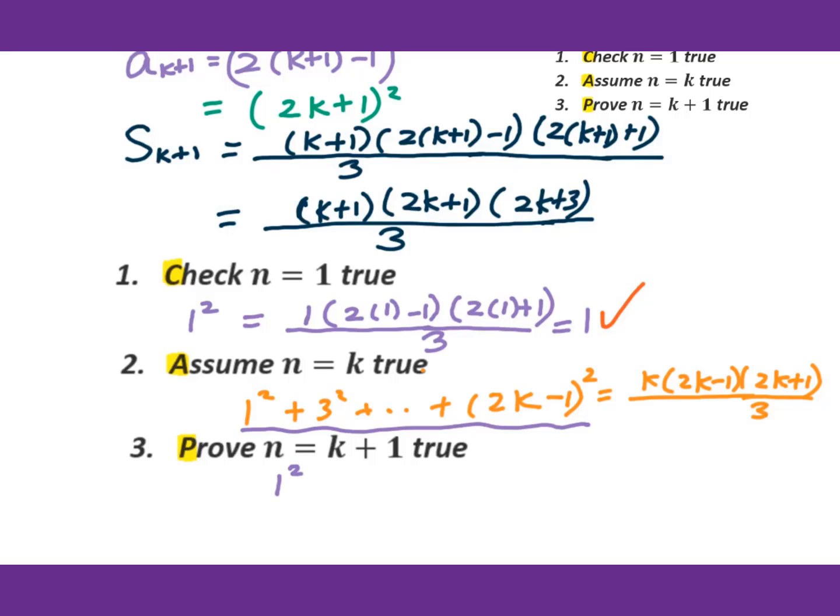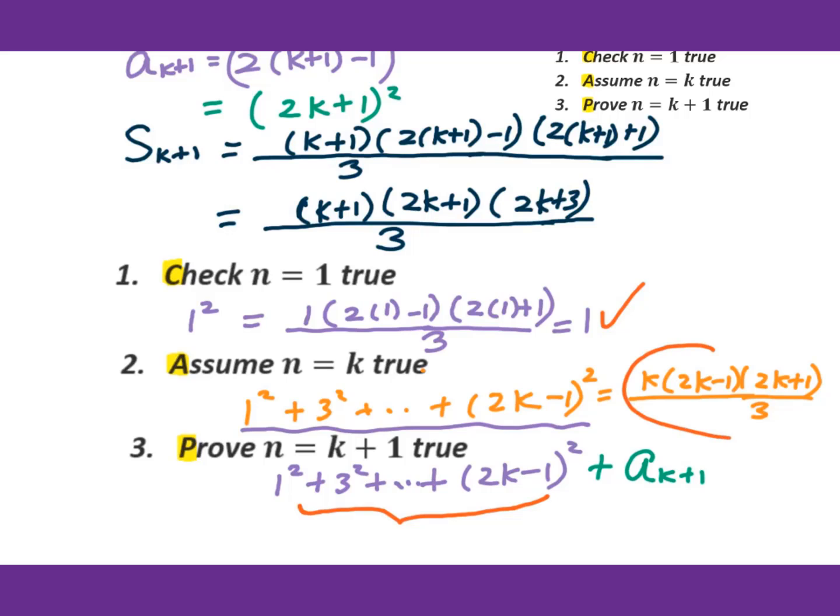So we get 1 square plus 3 square plus 2k minus 1 square, then plus a sub k plus 1. Then just do the substitution now. For this one equals here. This one equals here.